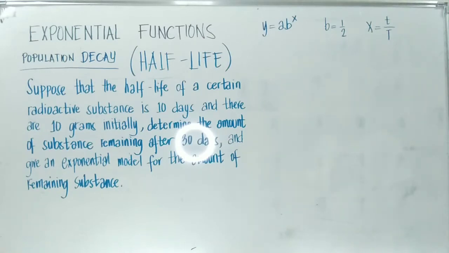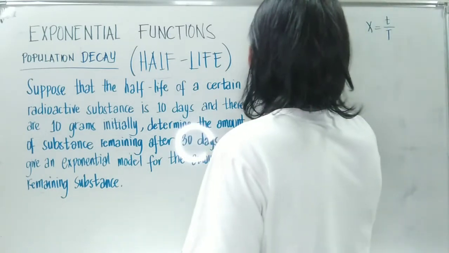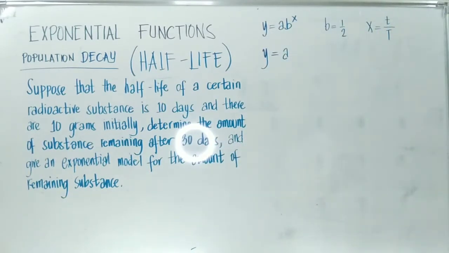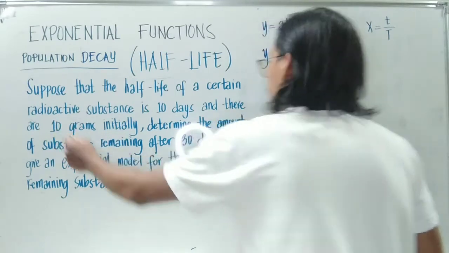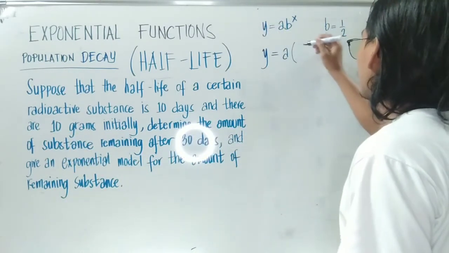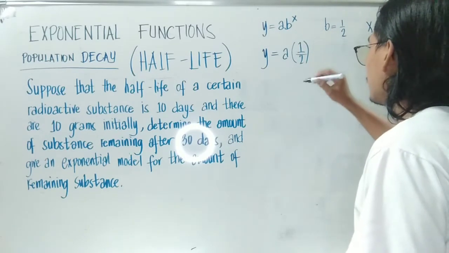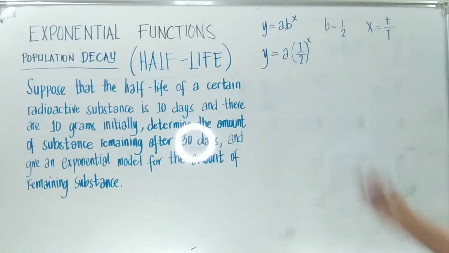So in dealing with a half-life problem, we have the growth factor b equal to 1/2 and x will become small letter t divided by capital T. Or substituting, we have y is equal to a, for the initial amount of the substance, times the growth factor, which is 1/2, raised to x.